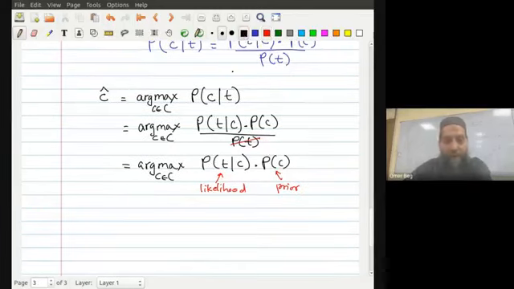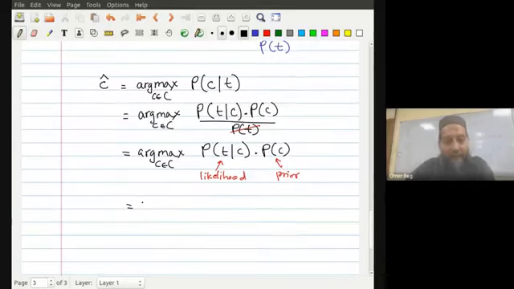I'm going to simplify this a bit further because this text T is comprised of a bunch of words x1, x2, and I'm putting them in a set up to xn, because we are using the bag of words model.